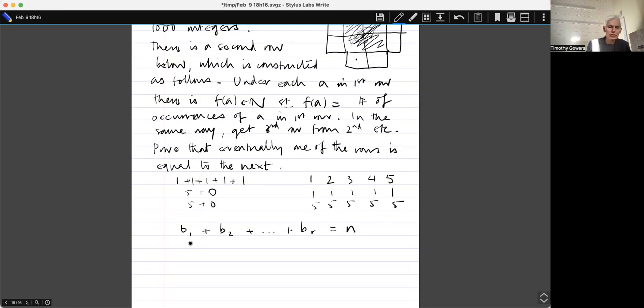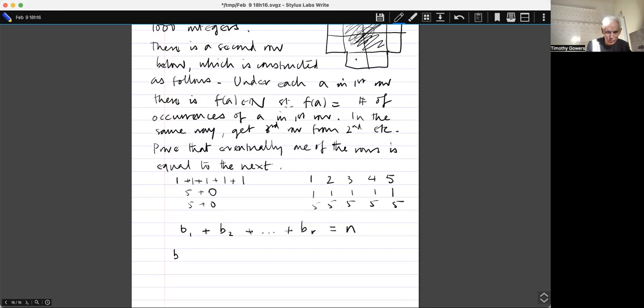That's interesting. So it looks as though B1 is going to happen B1 times. B2 is going to happen B2 times. And so on up to BR is going to happen BR times. But that doesn't quite finish it because some of those numbers will be the same. So the next time round, my numbers, okay, let me just write that.